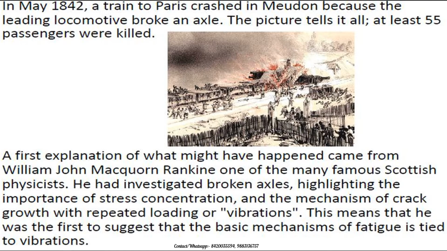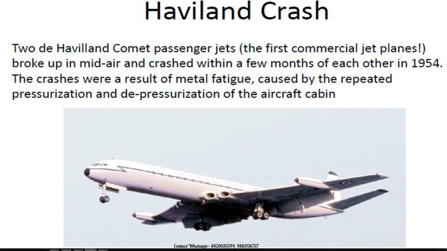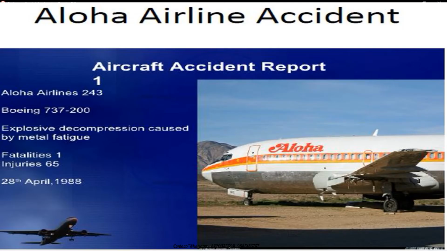If you come down, you can see a heavy crash of an aircraft named Comet. It broke up in the air. Why? Because every part is moving, so there will be some vibration related to fluctuation.